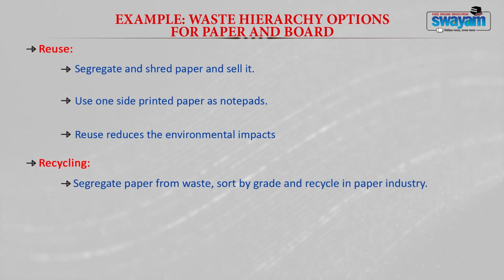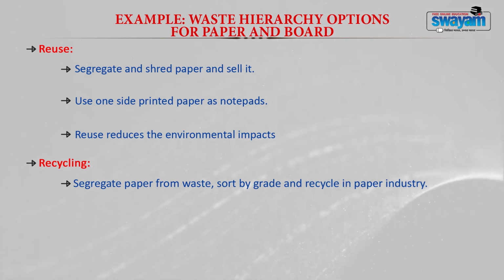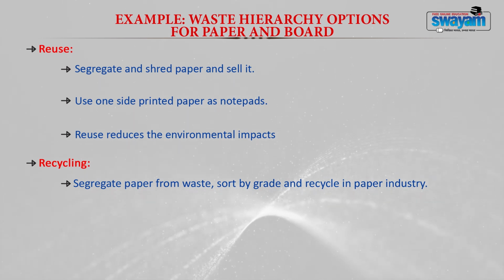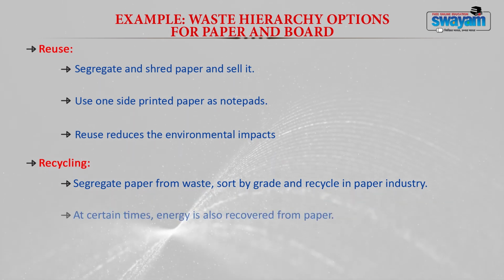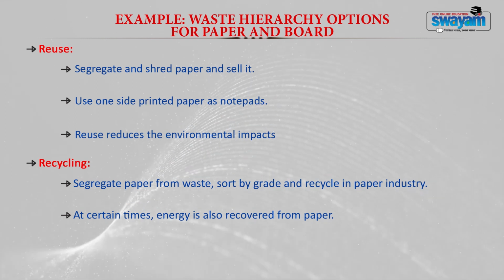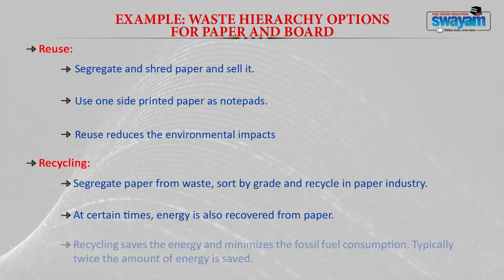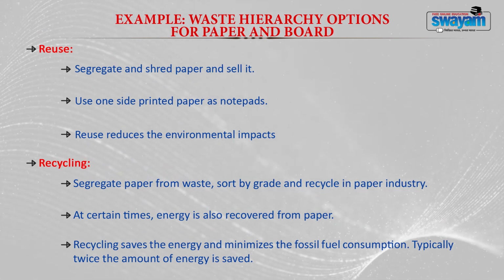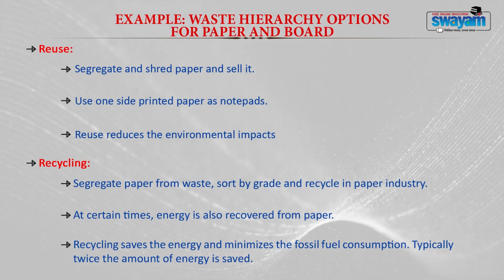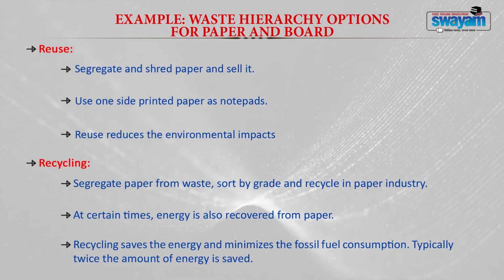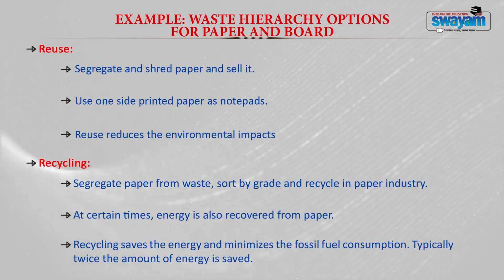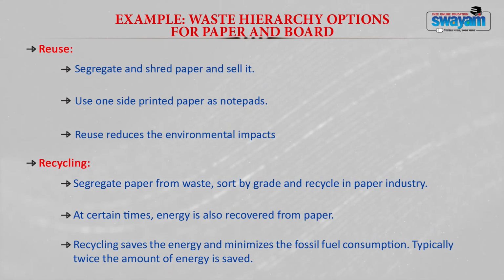Segregate paper from waste and then sort this paper by grade and recycle in the paper industry to produce fresh paper. At certain times, energy is also recovered from paper. Recycling saves energy and minimizes the fossil fuel consumption. Typically, twice the amount of energy is saved if we adopt these approaches with respect to waste paper and board.